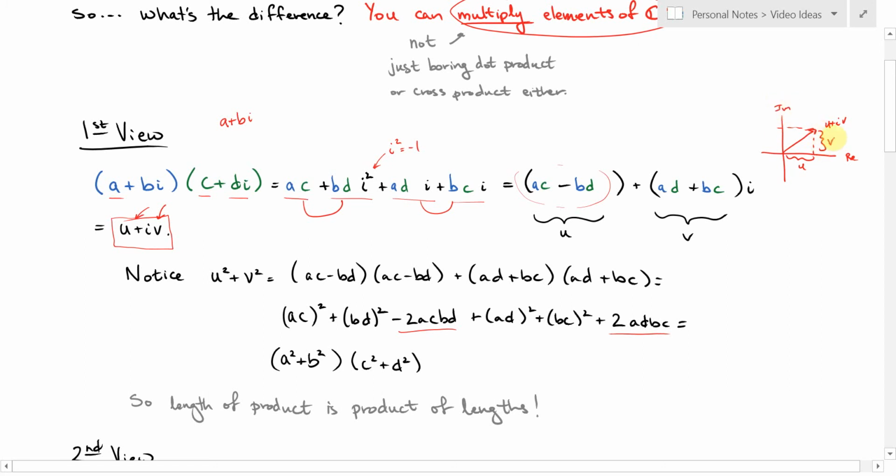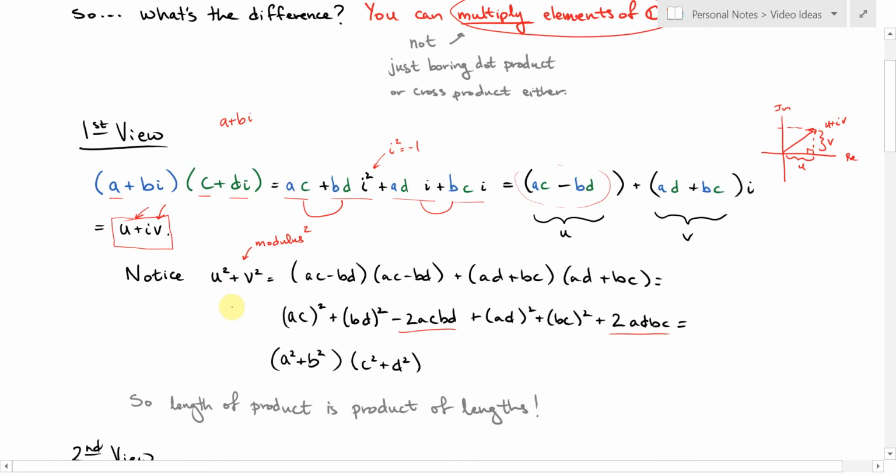That's our v. And so the sum of the squares of these two legs of the right triangle is, as always, the length of the hypotenuse squared. So u squared plus v squared is the modulus, or length, squared. Modulus is a word that, for whatever reason, they like to use in the case of the complex numbers. So it's the modulus squared.